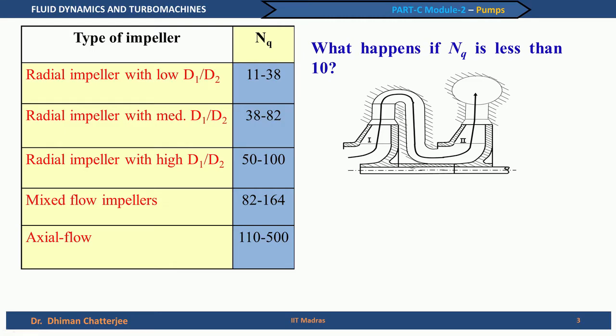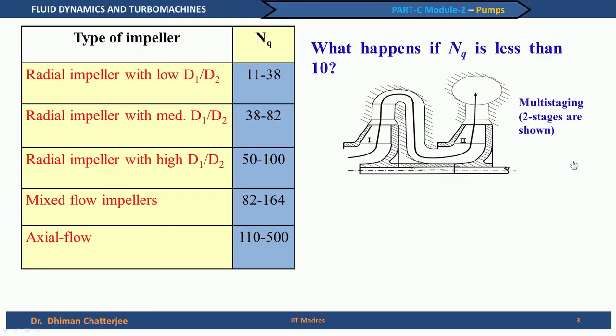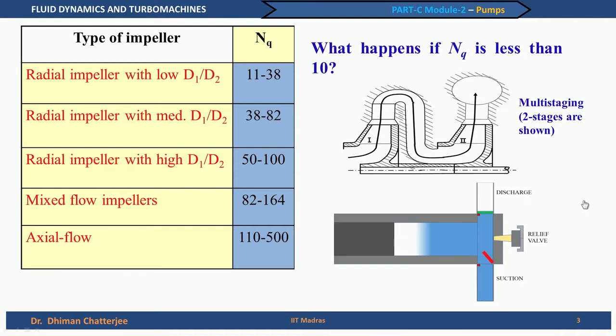about positive displacement pumps, that positive displacement pumps are useful when there is a large pressure rise accompanied with a small volume flow rate, and hence you can think of NQ, that is specific speed, to be low when head is large because head is in the denominator, and hence you also use a positive displacement pump.